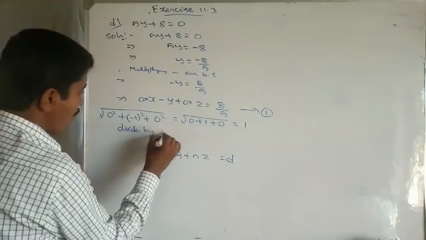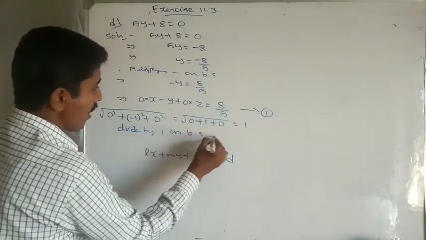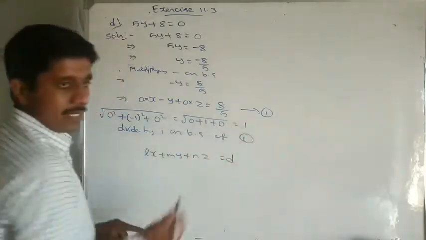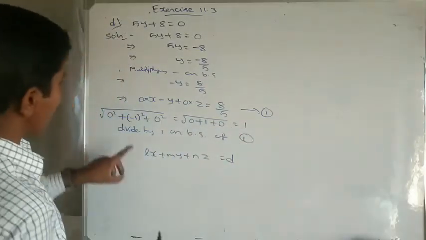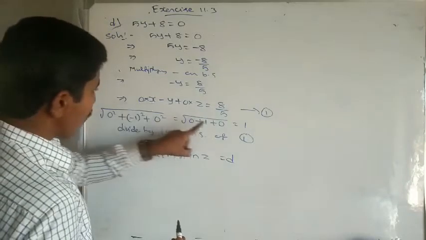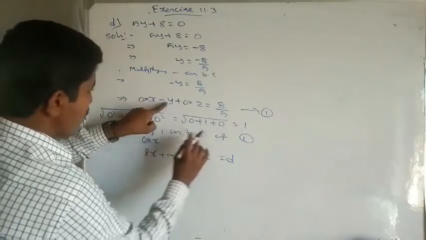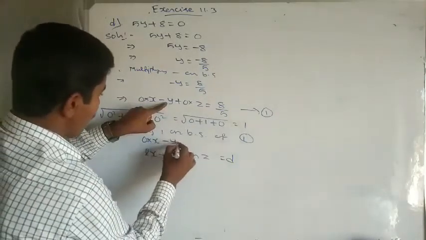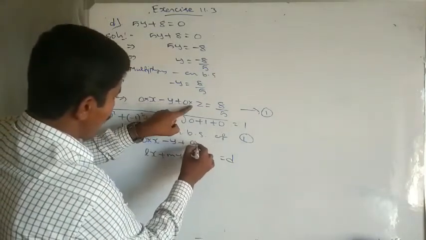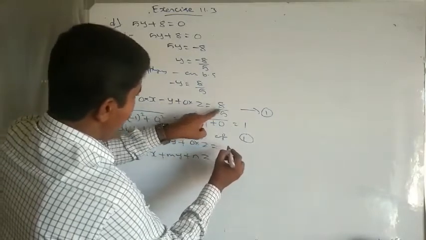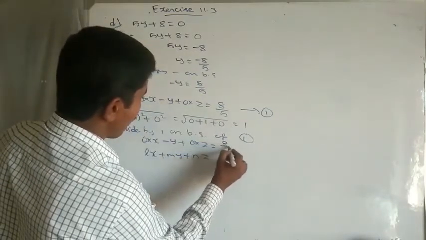Divide by 1 on both sides of equation 1. Here 0 into x by 1, 0 into x, minus y by 1, minus y, 0 into z by 1, 0 into z, which is equal to 8 by 5 divided by 1, 8 by 5.